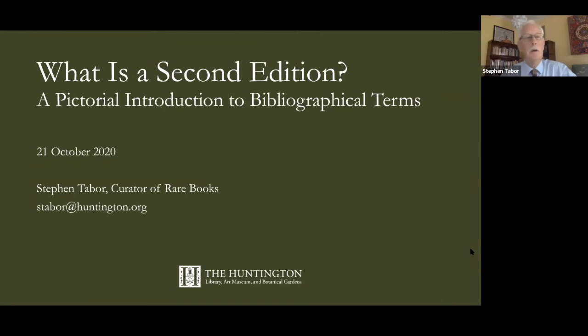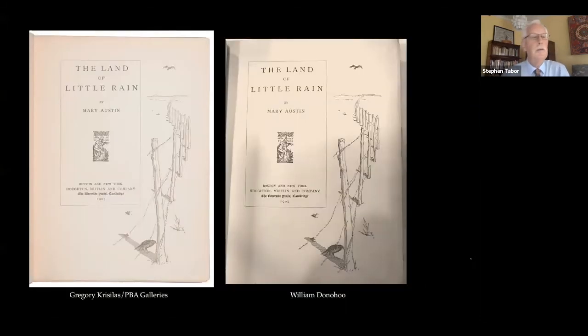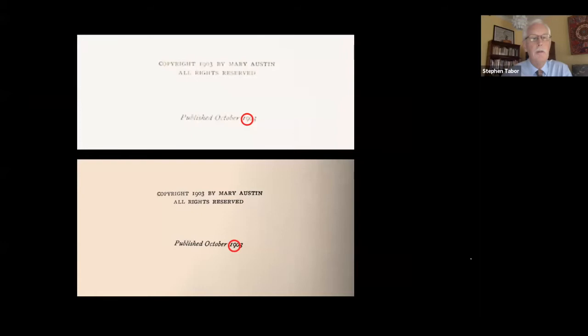Not too long ago, I got an email from a couple of friends, one a bookseller and one a collector. They were comparing 2 copies of Mary Austin's Land of Little Rain that looked very similar, but had some differences that seemed significant. To put it briefly, the title pages look the same. The copyright statements look the same.